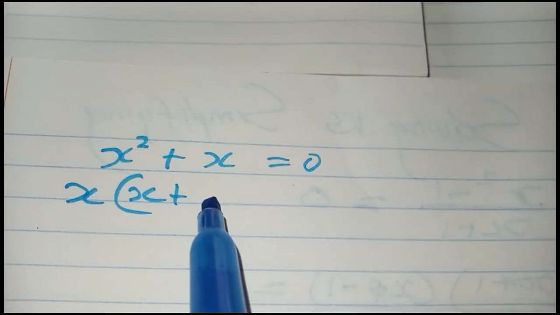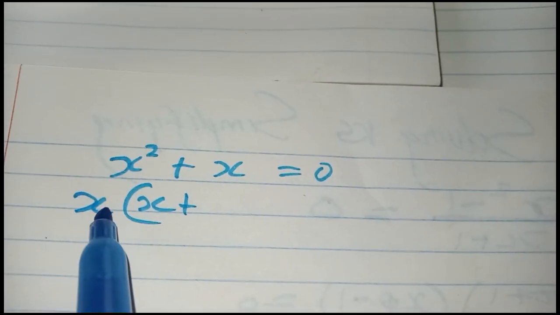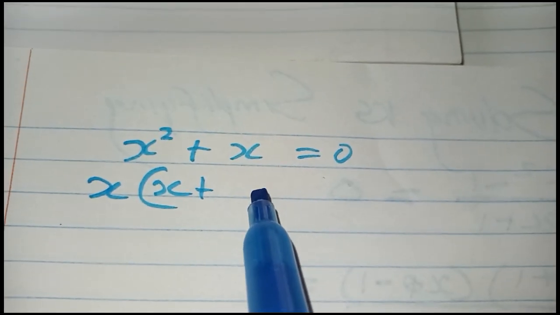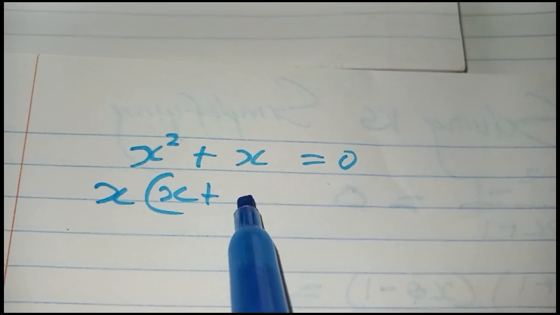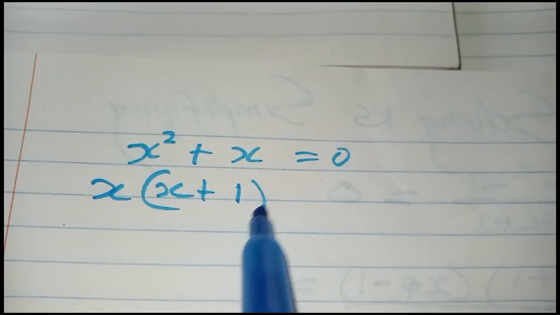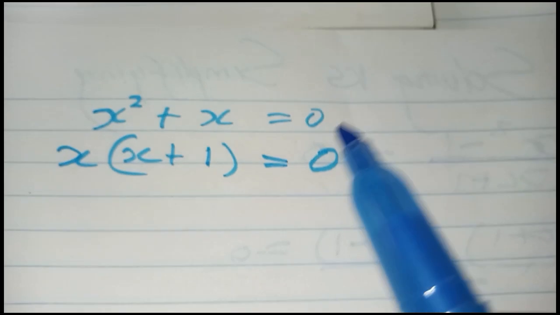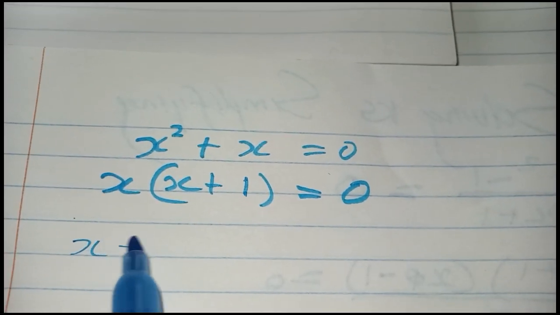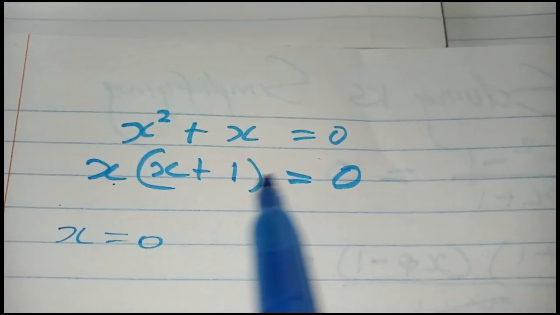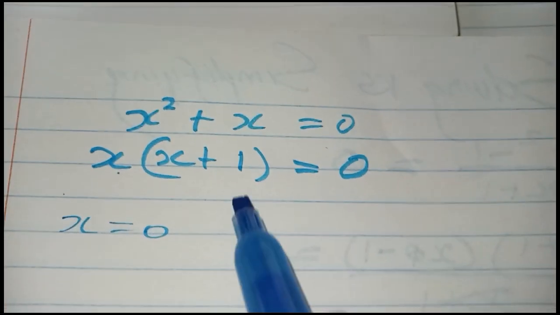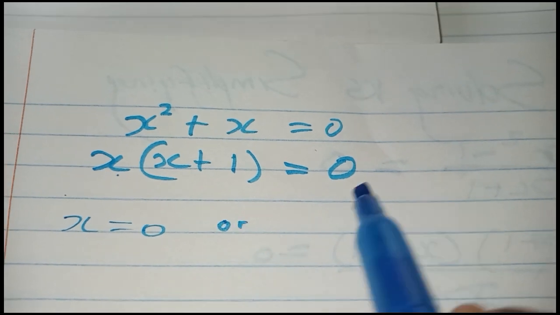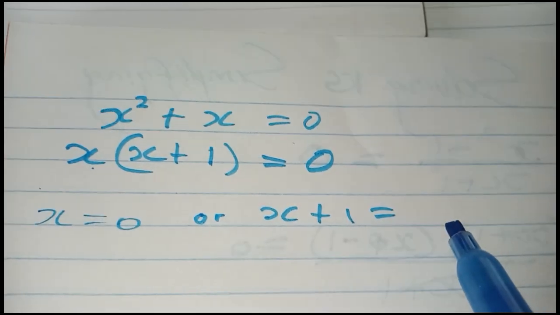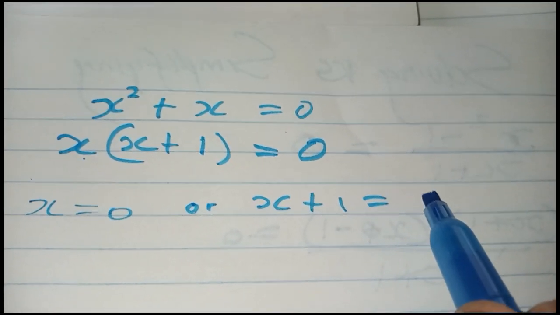And also realize that for me to get this x, I would have just needed to multiply this x by 1. So you equate it to 0, right? And therefore you can say x is equal to 0. And you also say, or x plus 1 is equal to 0, right?